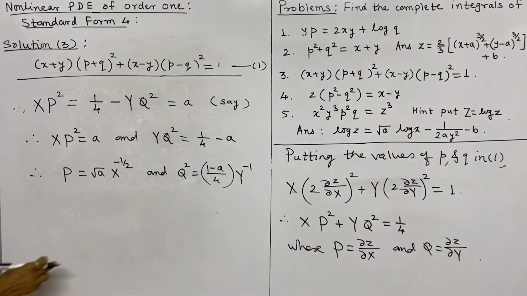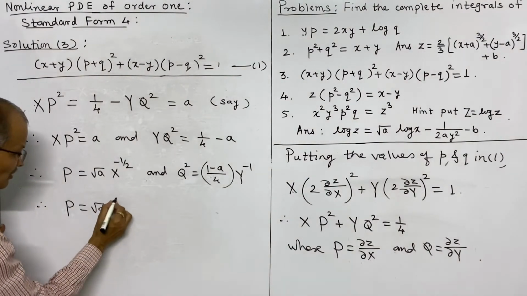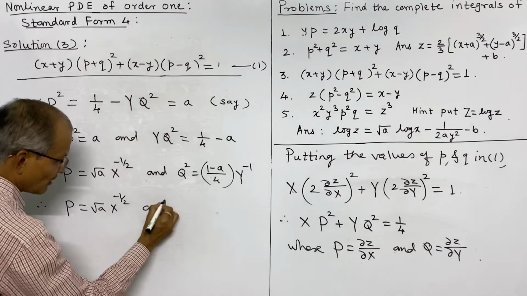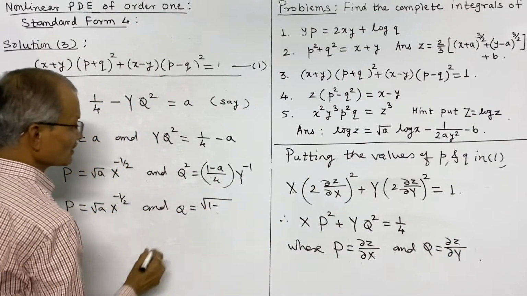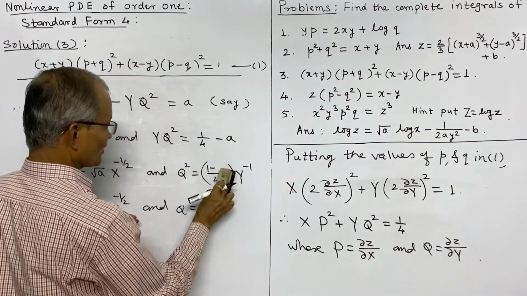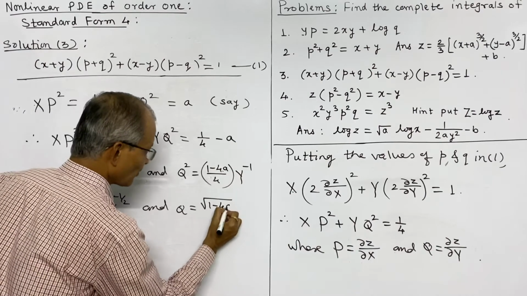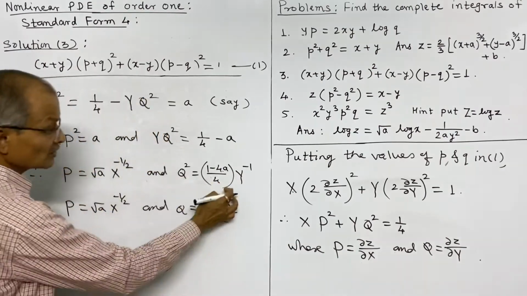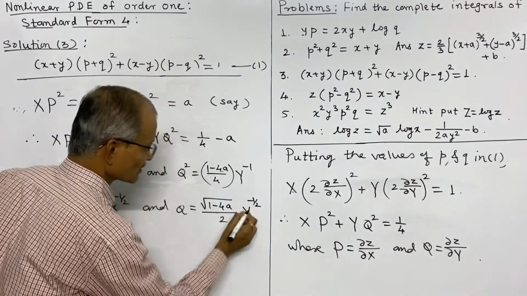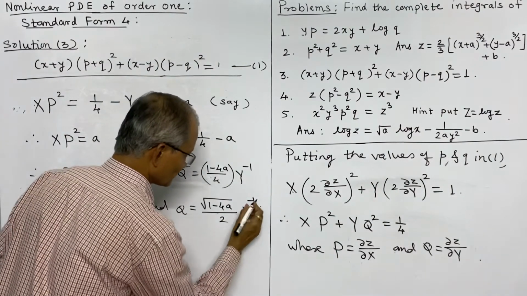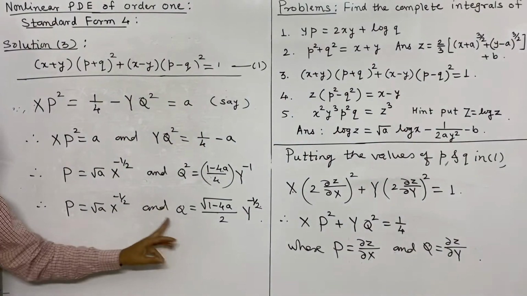But we want Q, therefore P is root A into x to the power negative half, and Q is under root of 1 minus 4A, in the subtraction we take the LCM as 4, 1 minus 4A divided by 2, taking the square root, and this is y to the power minus half. Thus we have obtained the values of P and Q.